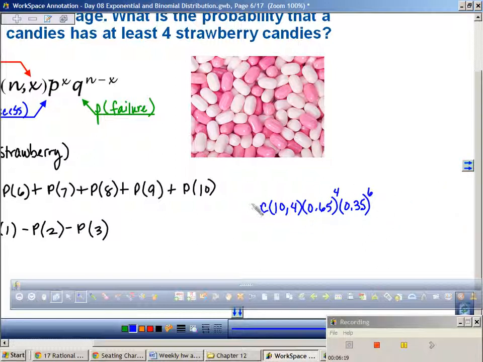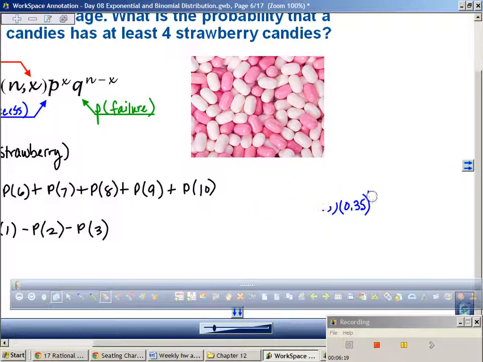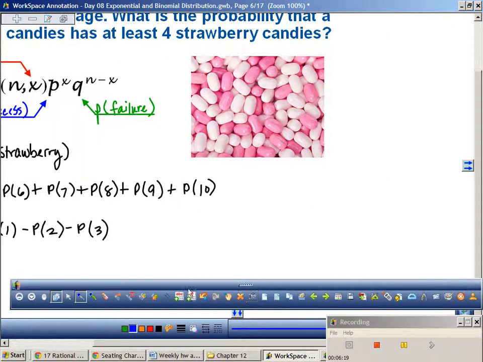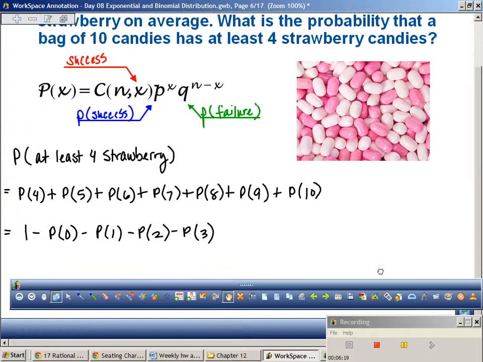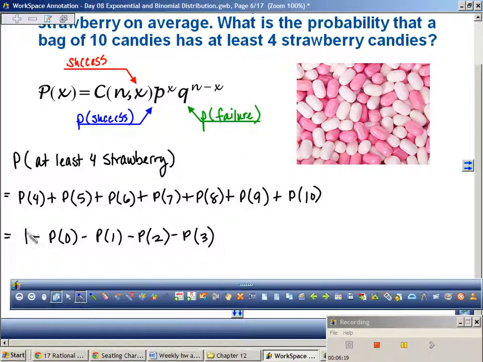There's probability of 4. Then you've got to find probability of 5, 6, 7, 8, 9, and 10. So do you see the need to find an easier way? Hence, I'd rather do 1 minus 4 of them than have to add 6 of them together.